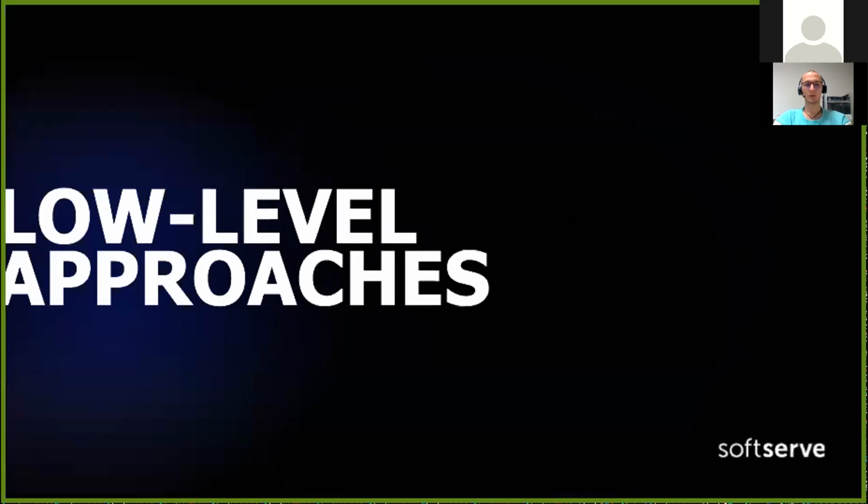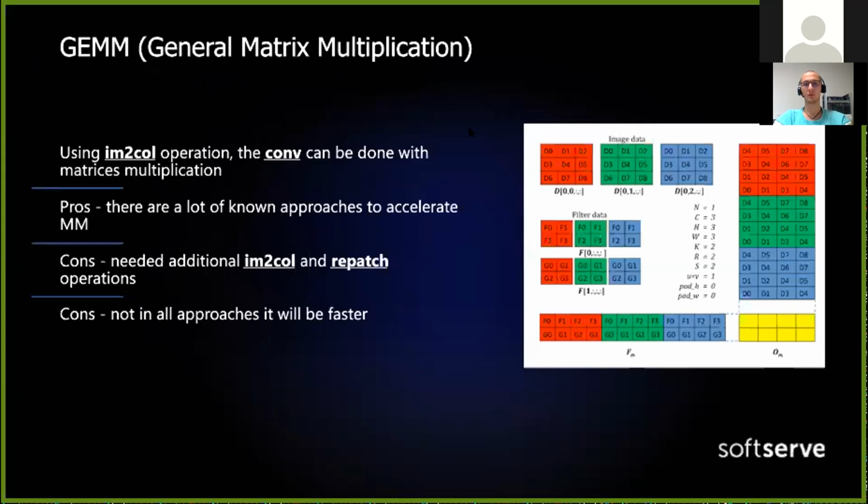Okay, now let's talk about low-level approaches of calculating convolution on the FPGA, because convolution consists of some operations, and we can change this operation to matrix multiplication using some functions such as im2col.